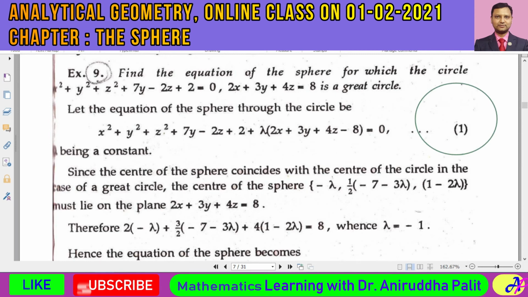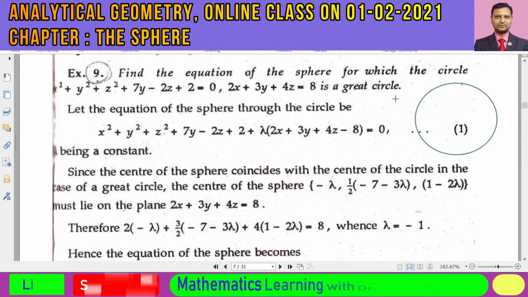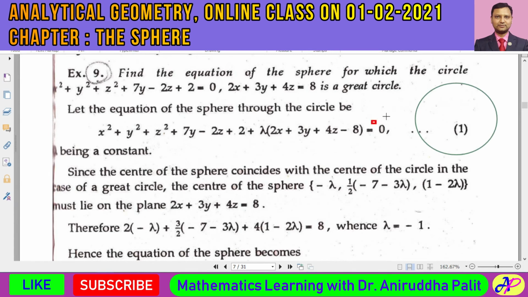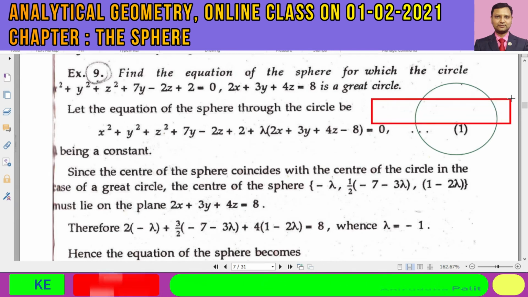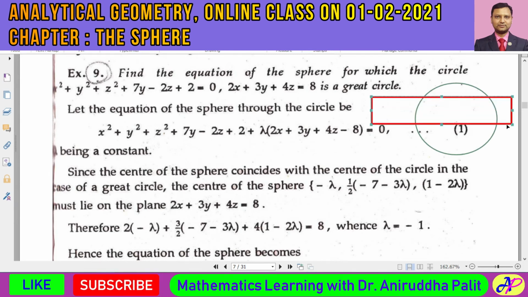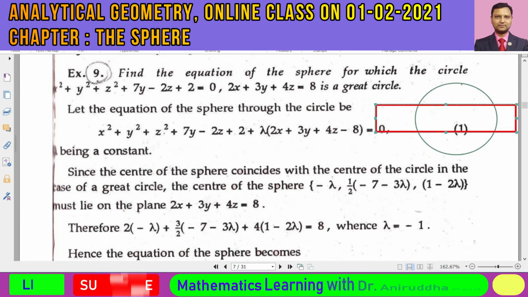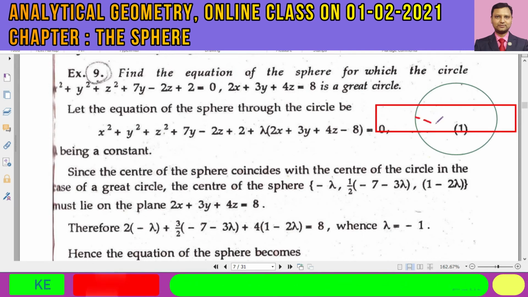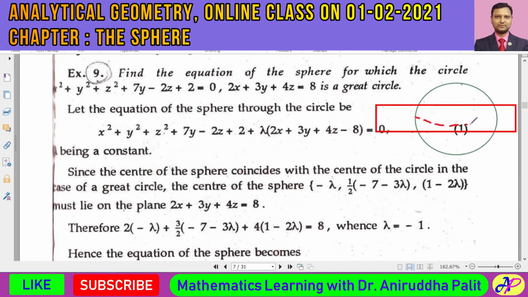Suppose this is the plane on which the great circle will lie. Let us draw this great circle. Maybe this may be the great circle.